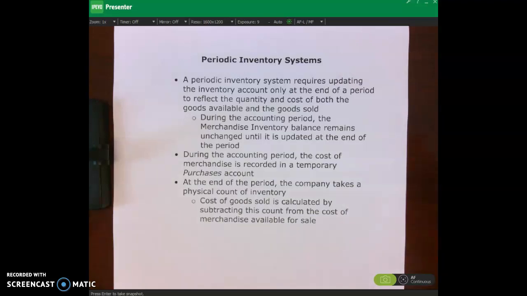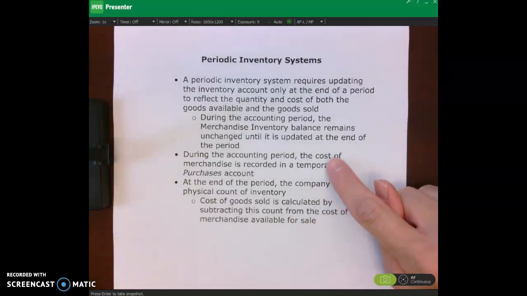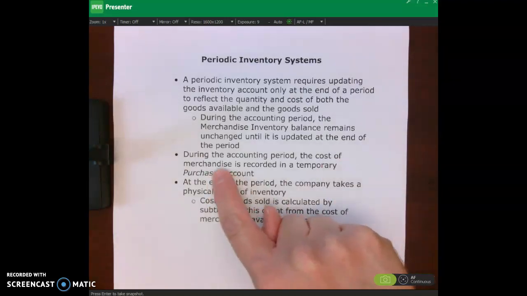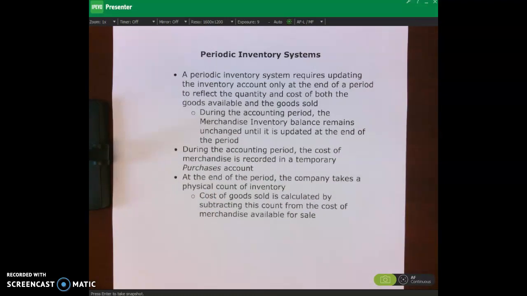We do that at the end of the accounting period after we do our end of period inventory count. We keep track of our merchandise purchases in our purchases account. And at the end of the period, we take a physical count of our inventory and subtract that from our merchandise available for sale to give us our cost of goods sold.